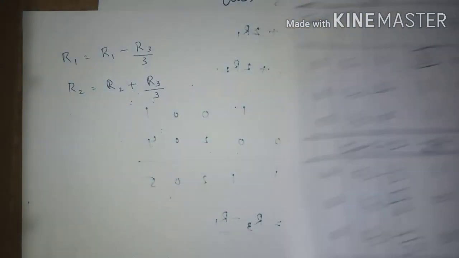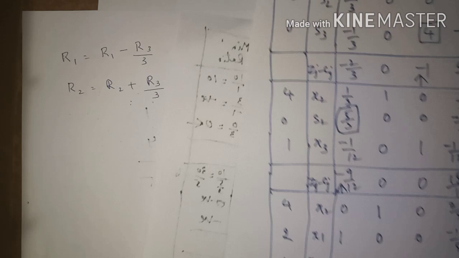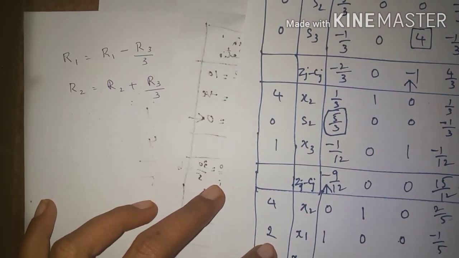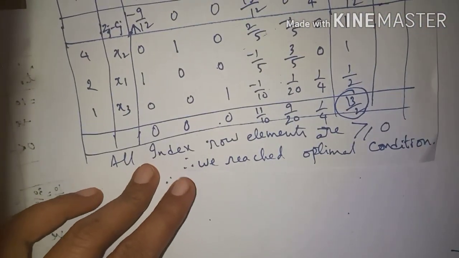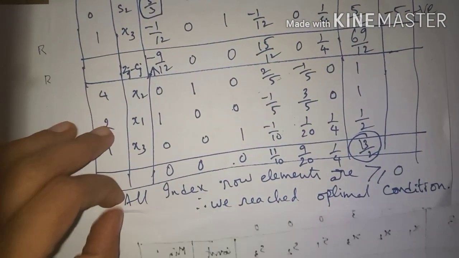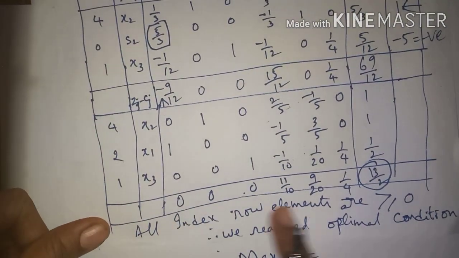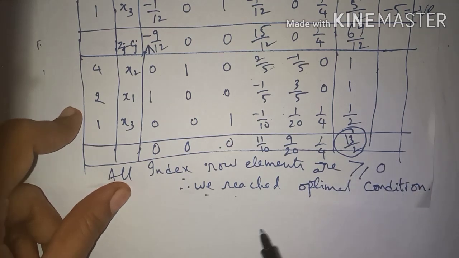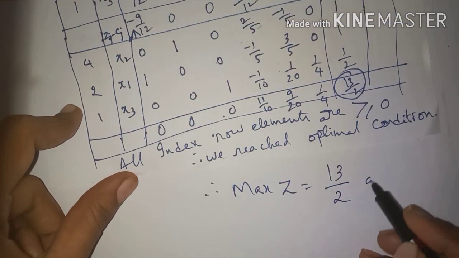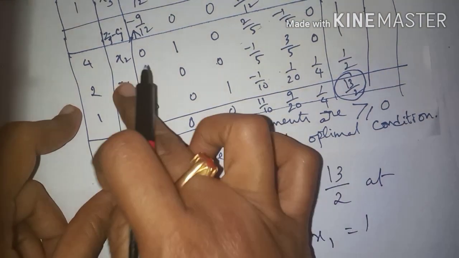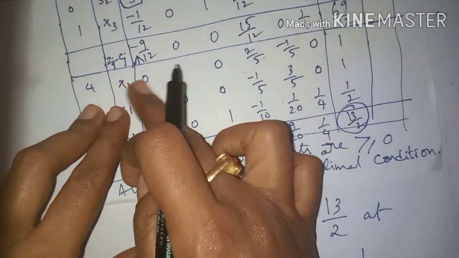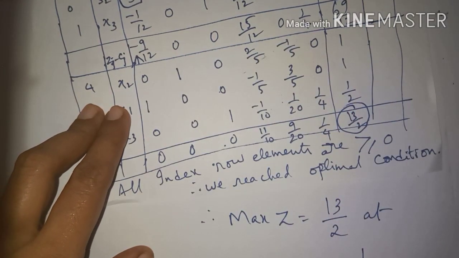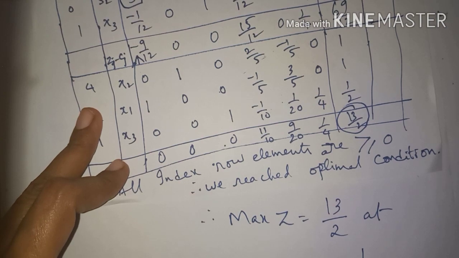Therefore, in the next line I will write, therefore max z is equal to, in the right side corner whatever the value we have got, that one is 13 by 2 at x1 is equal to 1, x2 is equal to 1, x3 is equal to 1 by 2.